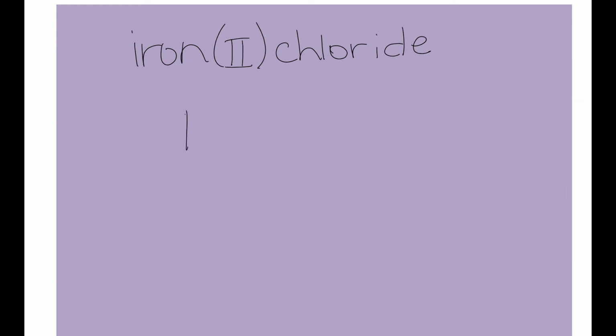Okay, now let's try another one. Maybe not so hard, but let's do iron(II) chloride. Okay, so once again, iron we know is Fe, and the Roman numeral 2 tells us it's a +2 charge.